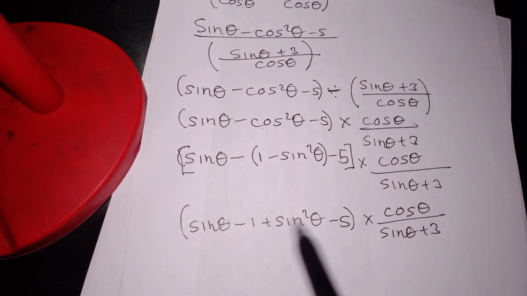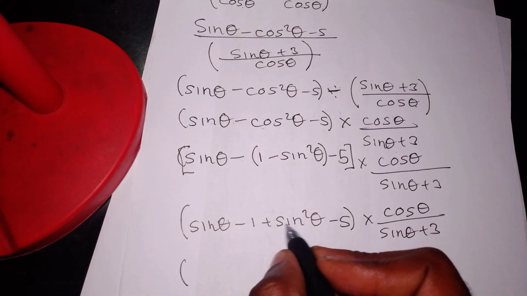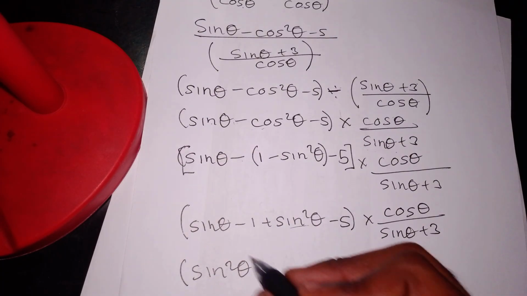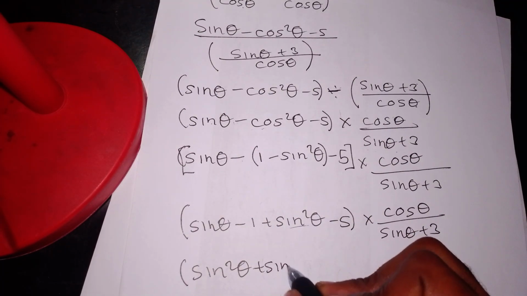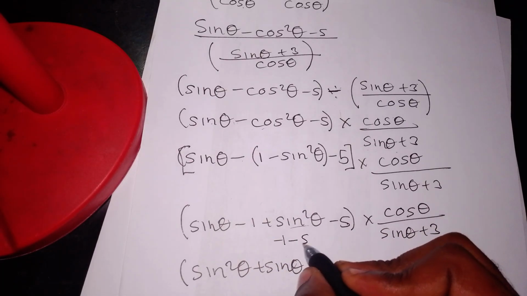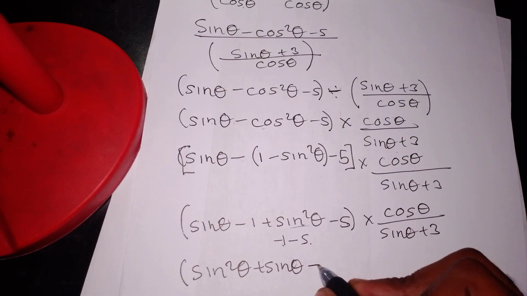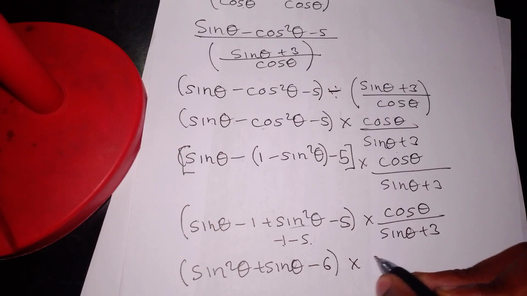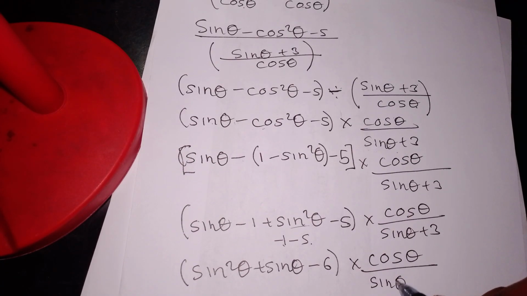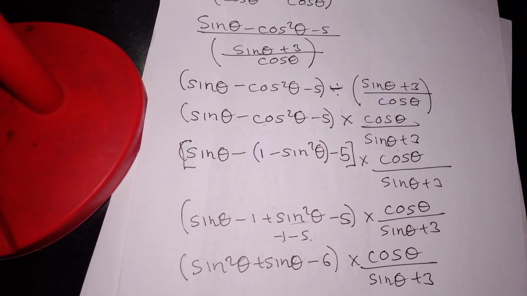As you can see, this is a quadratic expression in sine theta. So I can just start with sine squared theta, like this, followed by sine theta, followed by -1 and -5, which is basically just -6, multiplied by cos theta over sine theta plus 3.